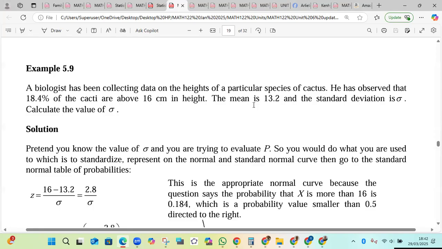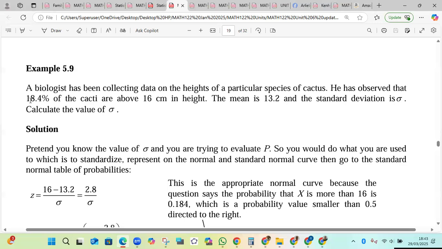The mean is 13.2, and you have 16. So 5.9 is an example like our own for number 22, because 16 is more than 13.2. That puts 16 to the right of 13.2. Plus you are shading towards the right, above. So you have a right tail.